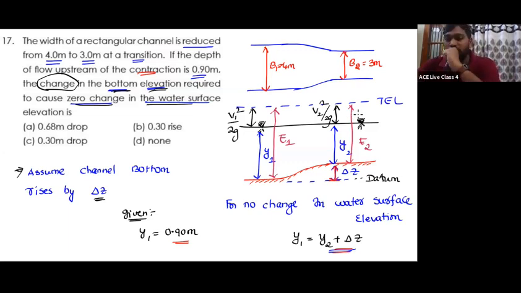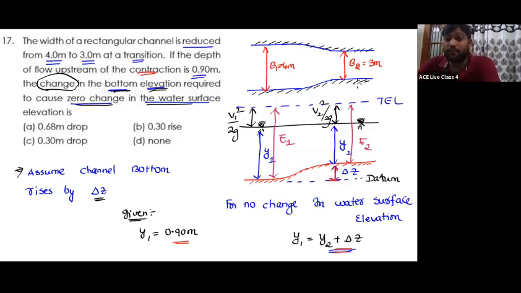Okay. Now, if and only if there is a double transition. Now, what are the possibilities of those double transitions? What is the meaning of double transition? There is a change in the width and there is a change in the channel bottom. Yes or no?